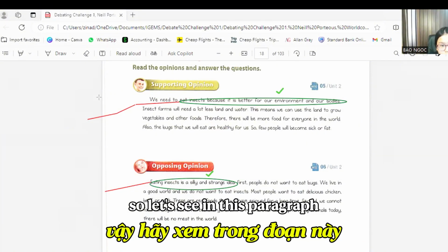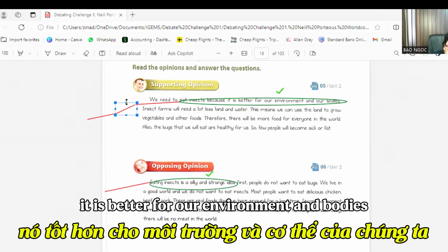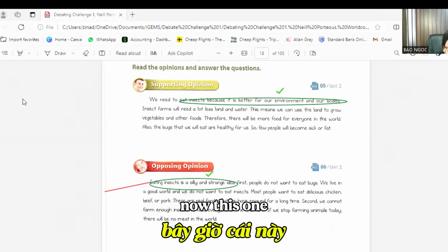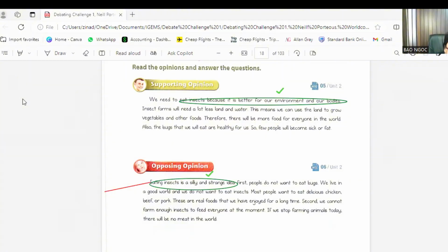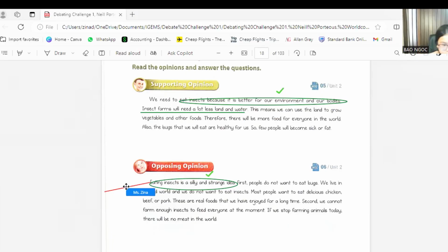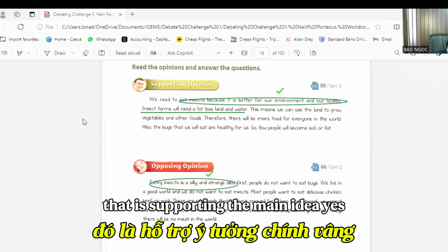So let's see, in this paragraph, what are the other ideas that support that it is better for our environment and bodies? This one. Like it's a supporting. Good. Yes, that is supporting the main idea.